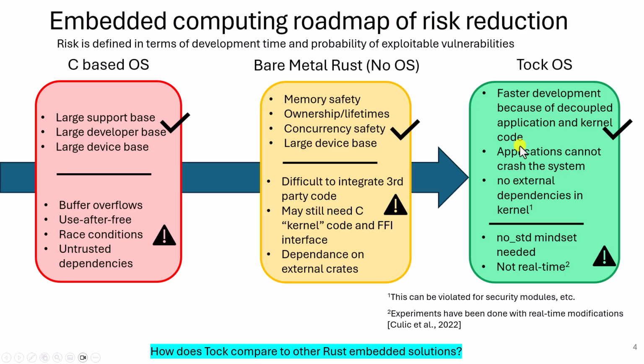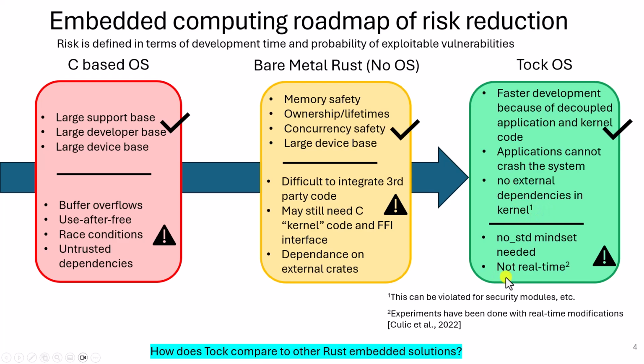Another benefit is that those applications can't crash the system, so there's a safety that you don't get with bare metal. And finally, another big benefit is that there aren't any external dependencies. All the Tock code is in the repository, so you can audit it, and don't have to worry about pulling in external dependencies for the kernel and reevaluating when those external dependencies' versions change.